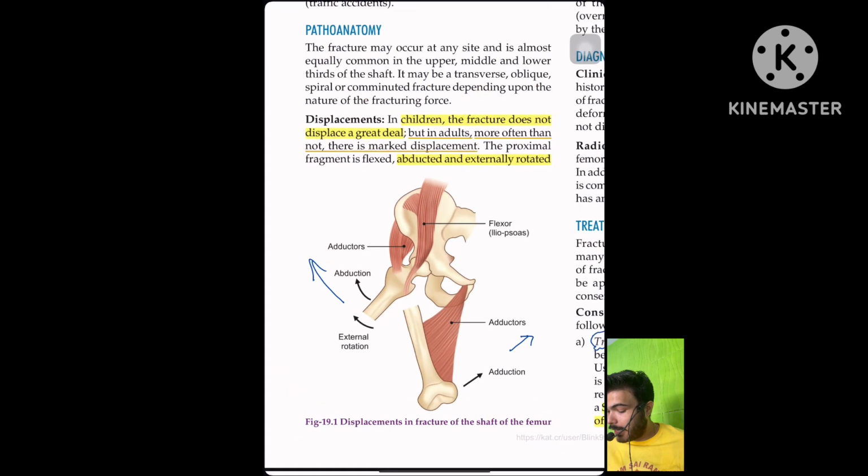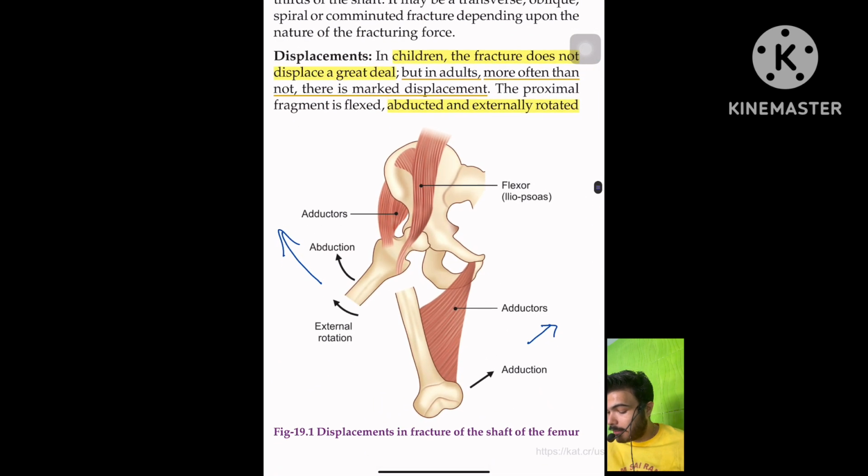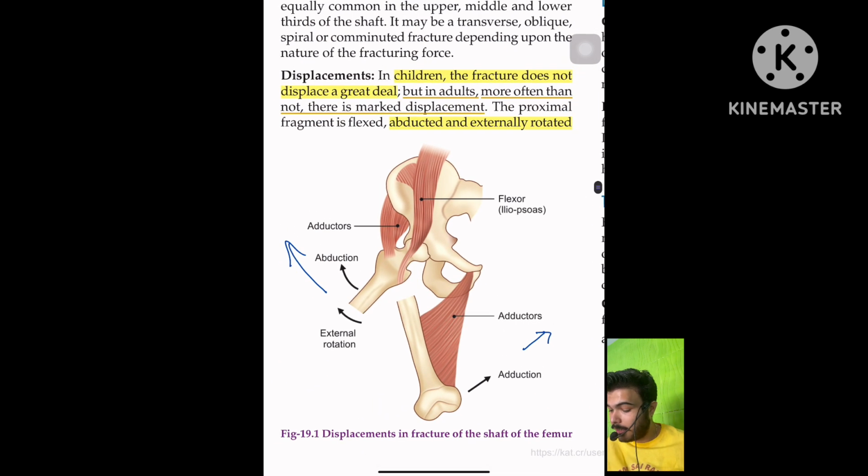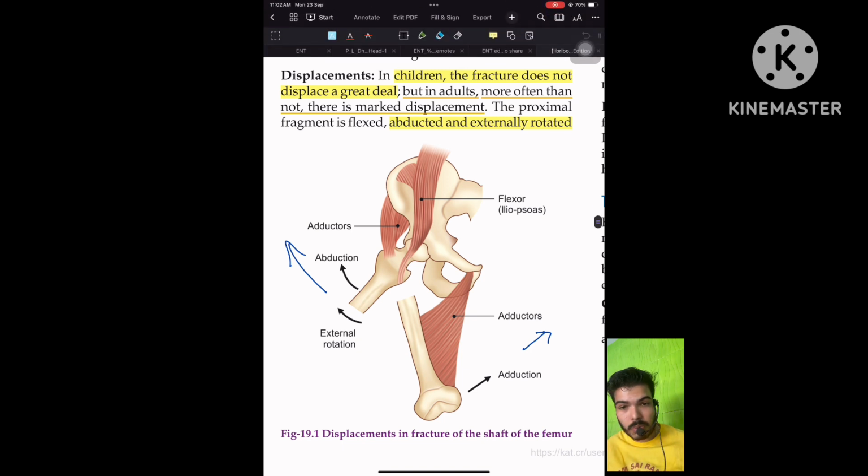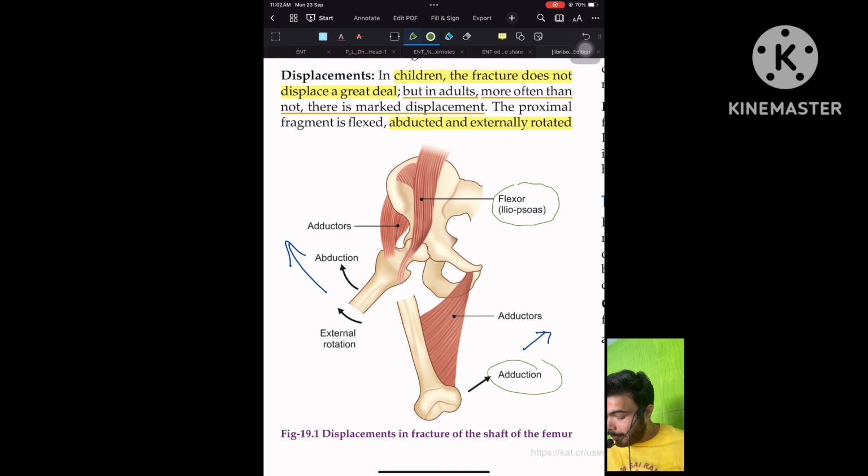As you can see here, there's this upper flexor, which is actually the iliopsoas muscle, and then you have the adductor, which adducts it. But with respect to this particular upper part, the limb is going under abduction and external rotation, right? So the attitude will be FABER.